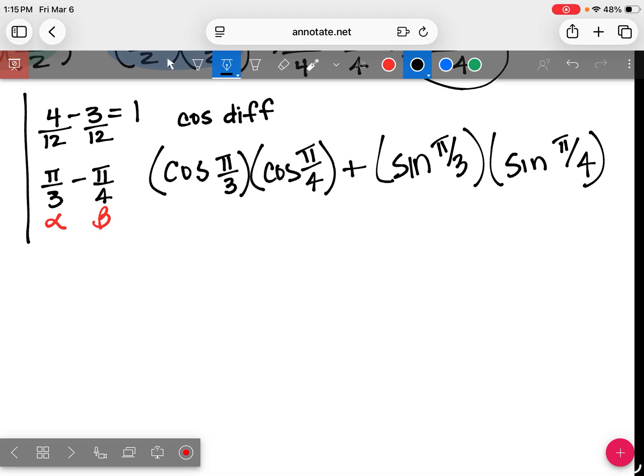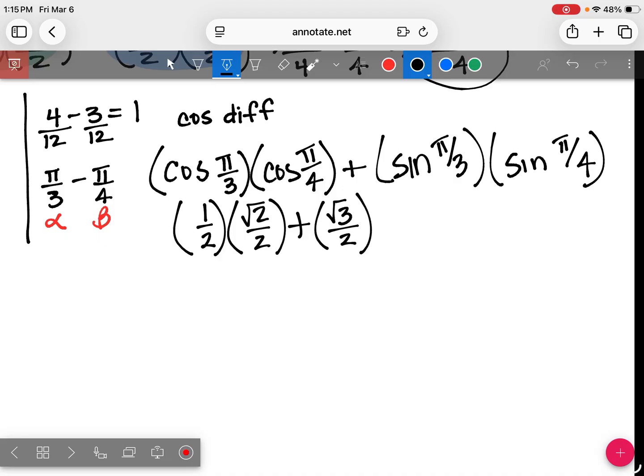Okay, cosine of pi over 3 would be 1/2, right? Okay, and cosine of pi over 4 plus sine of pi over 3 times the sine of pi over 4, which is going to give you root 2 plus root 6 all over 4.